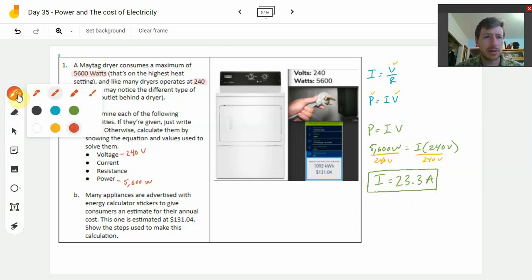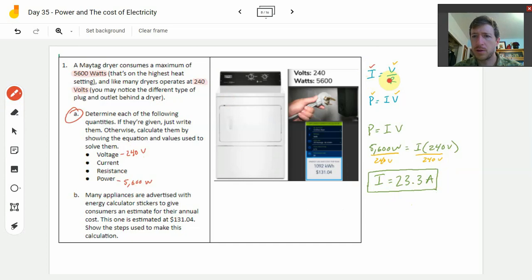So now that we know the current, right, we can also solve for resistance here. Now I'm going to go ahead and rearrange this before substituting. So when we rearrange Ohm's law for resistance, we end up getting resistance is equal to voltage divided by the current, right? The voltage is 240 volts.